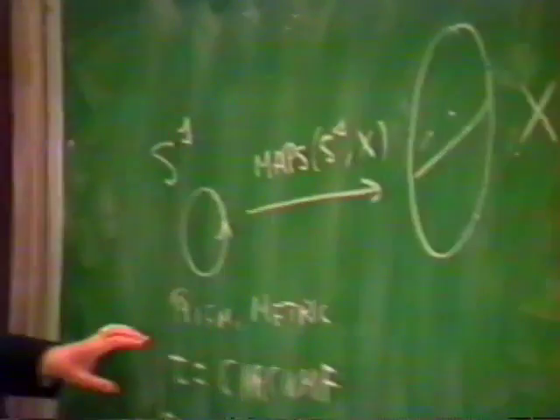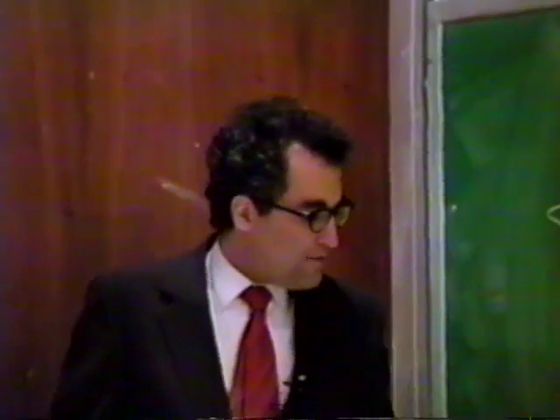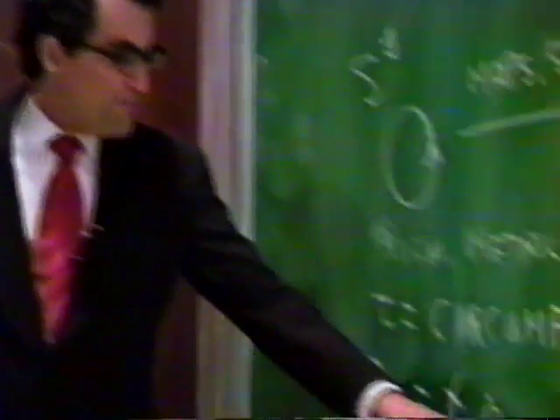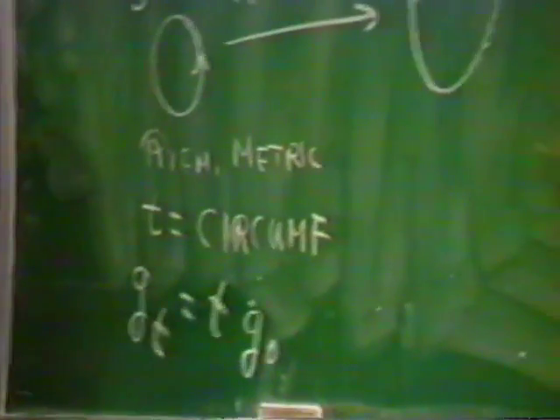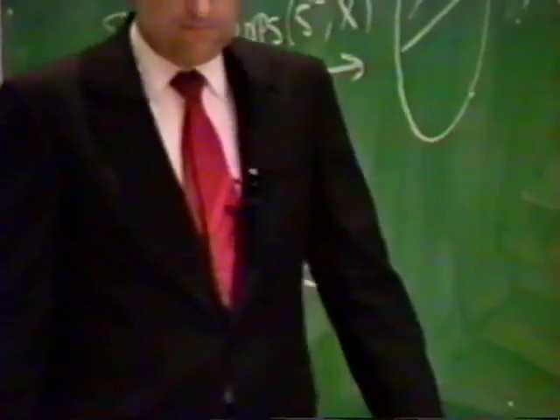So t, in the physical interpretation, plays precisely the role we have. There's a circle there, which has a Riemannian metric, which is being scaled up precisely by multiplication by parameter t.